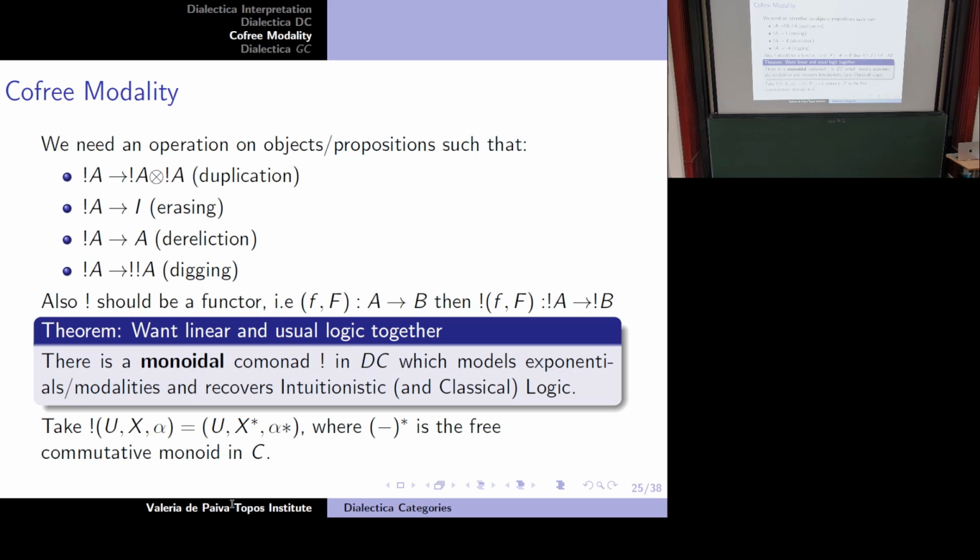And this beautiful way is just down here. You take an object like that, you keep the U the same way as it was, and you just take the free commutative monoid on X. You think about this as sequences, X1, X2, X3, or the empty sequence, all the finite ones.